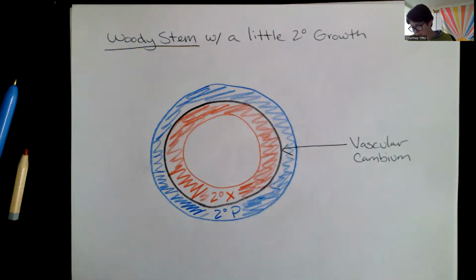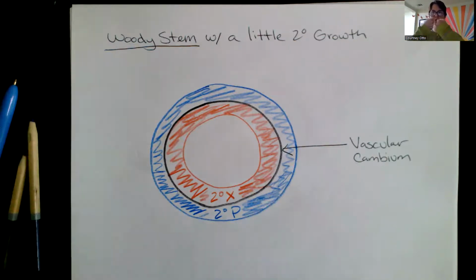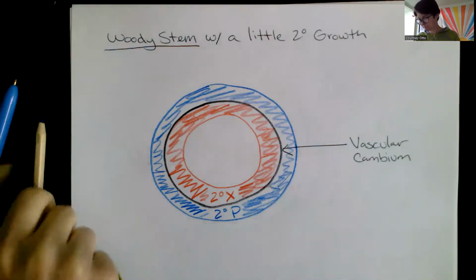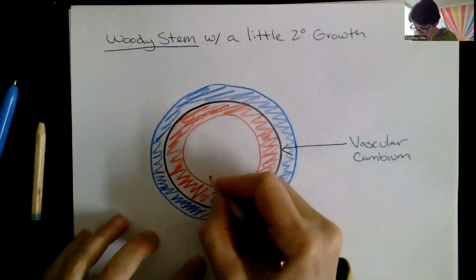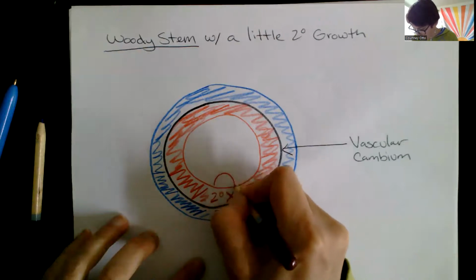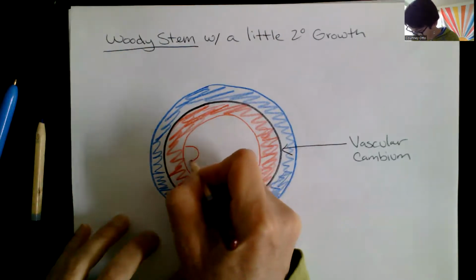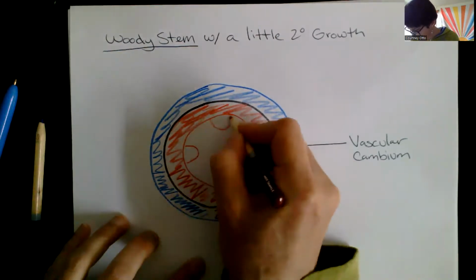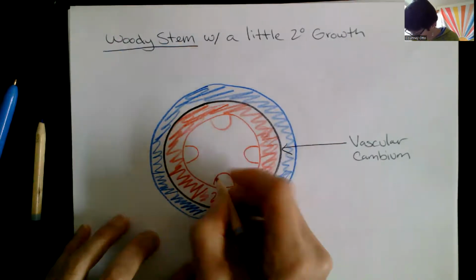Well, remember that vascular cambium formed inside those pith rays and literally inside our bundles, literally in between our primary xylem and primary phloem. Once that vascular cambium gets active, that's going to separate our primary xylem and our primary phloem. And our primary xylem is still going to be in these little clumps next to the pith. I think I drew 4 in my last drawing. I'll try and do 4 in this one too.